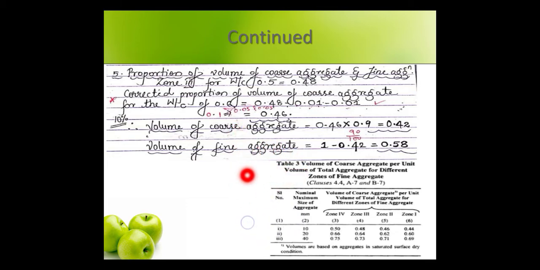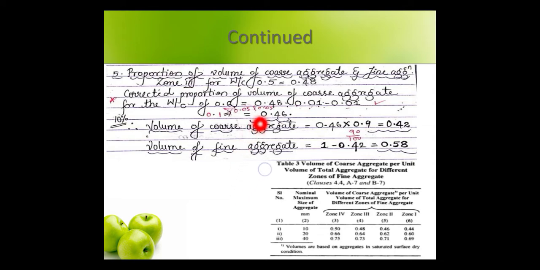So you need to subtract 0.01 for every 0.05 change in water cement ratio. There is a difference of 0.1, so you need to minus 0.01 for every 0.05.